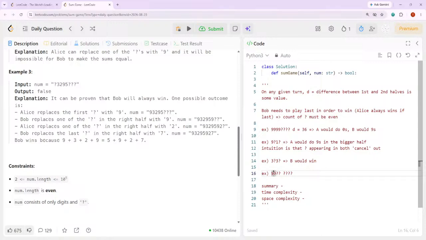Maybe Bob makes the other one a 0, makes this second question mark a 0. Yeah, Alice wins here, doesn't she? Because if she starts by making this a 9, that makes it 27. So it's going to be at least 27 here, and then she can make 2 of these into 0, so it can be at most 18 in the second half.